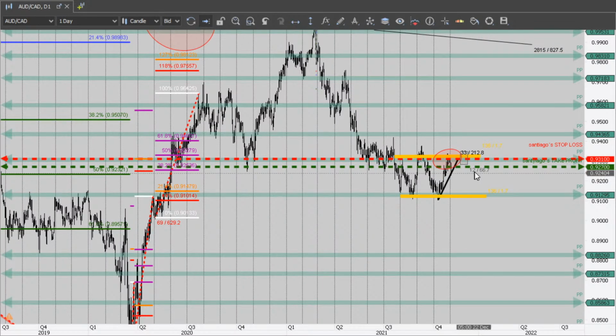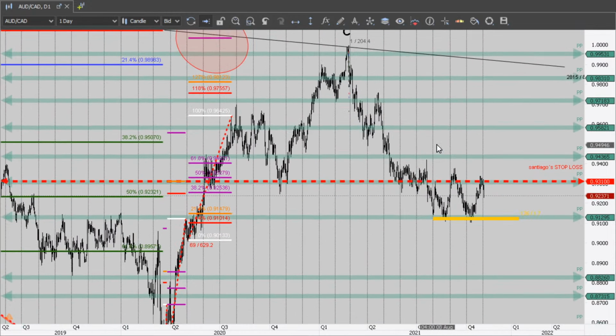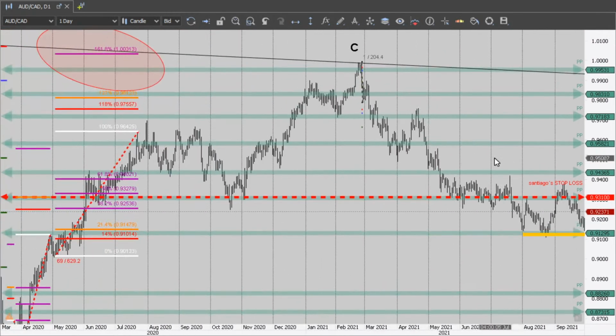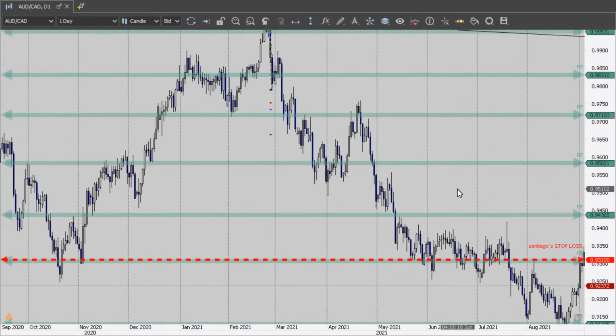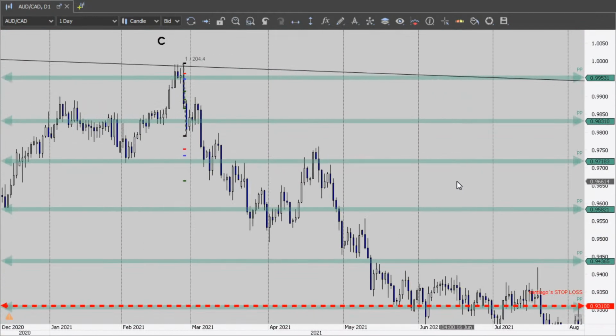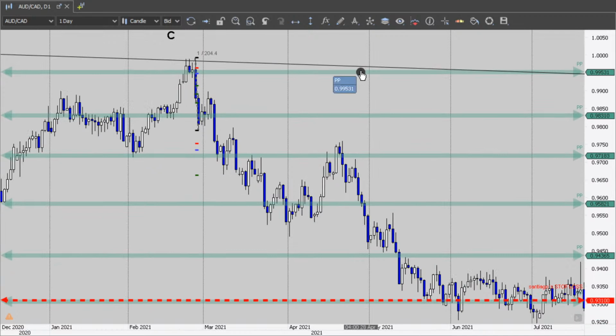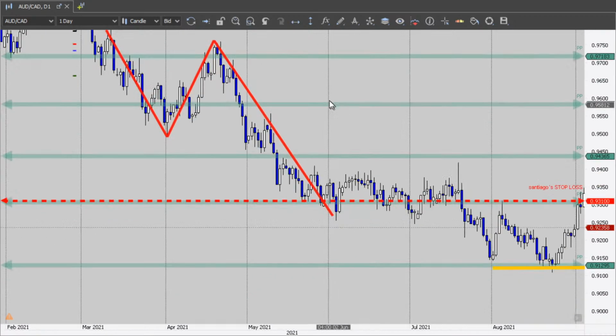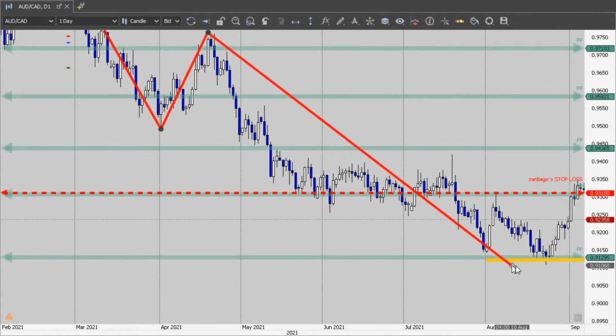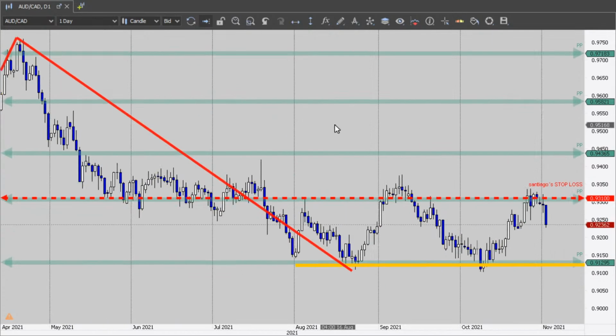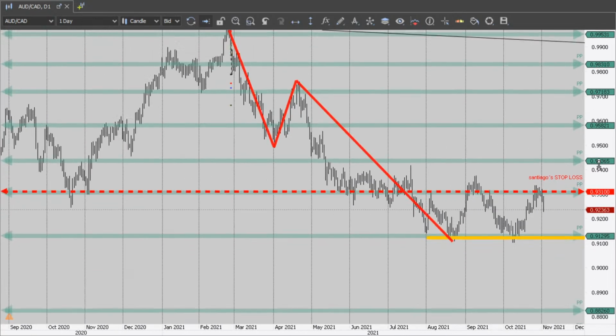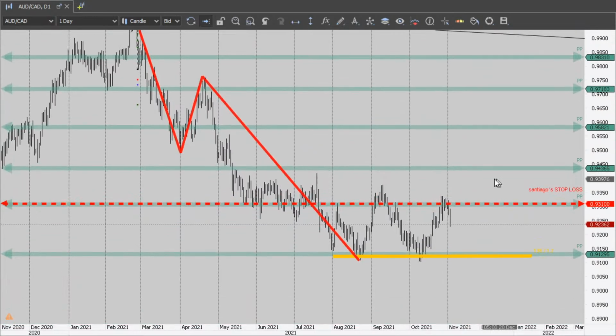But going long right now is high probability or it's low probability. Do we have a downtrend or do we have an uptrend on the daily? This is the wave: extension, retracement, extension, right? This is the wave, right?